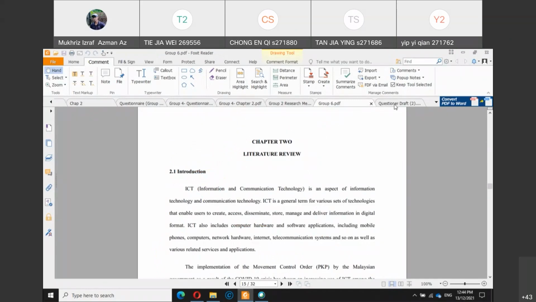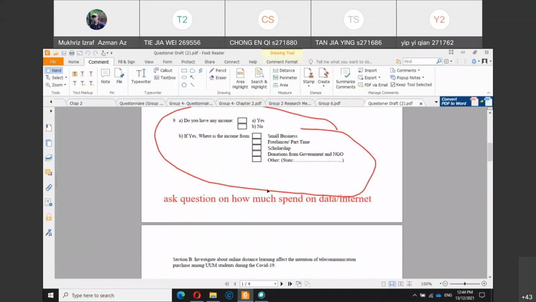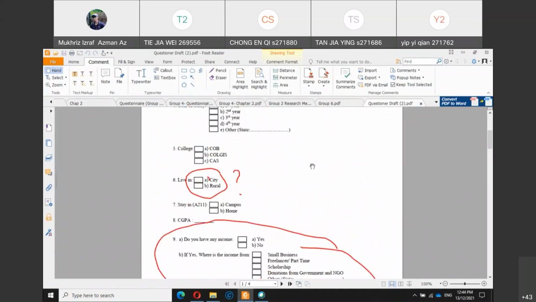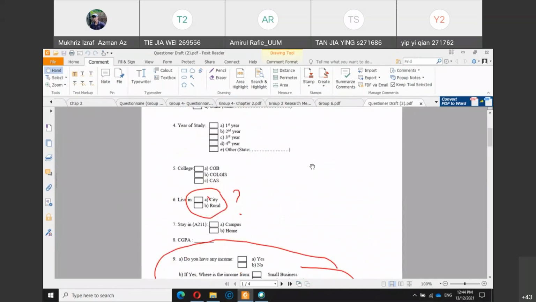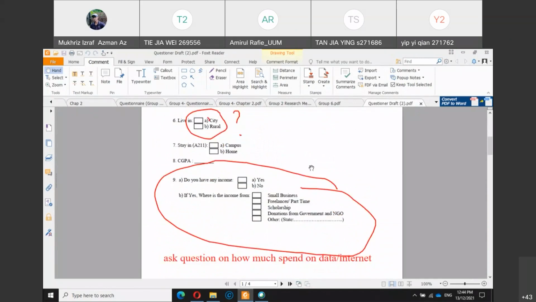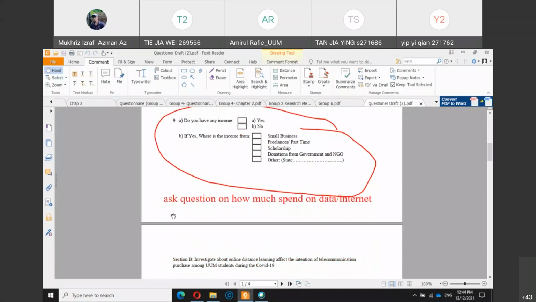Group 6, your questionnaire is about what? Connection consumption among EF students. Group 6 is about telecommunication consumption among EM students. Okay, I put some comments here: add a question on how much you spend on data, internet.